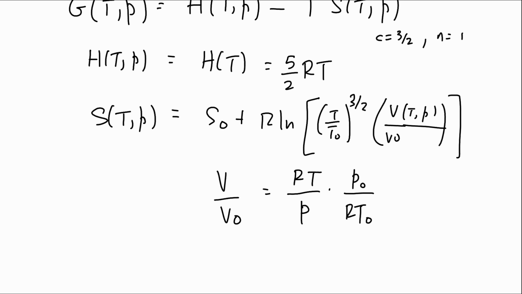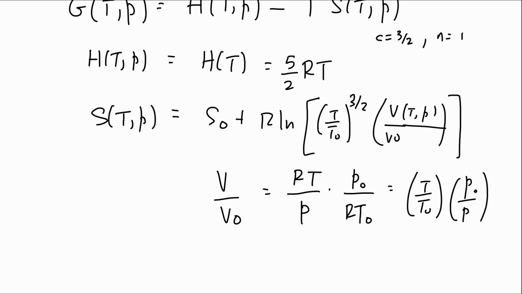So I'm just arranging things. So I have a T over T naught times a P naught over P. I've got to get this expressed in terms of the proper variables for the problem at hand.